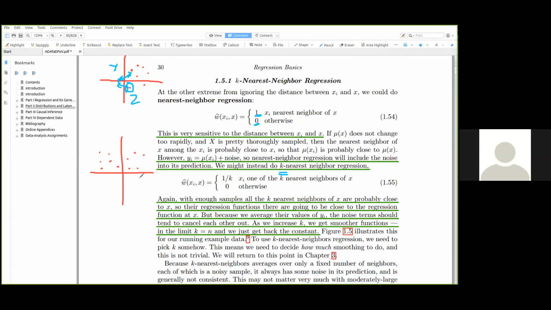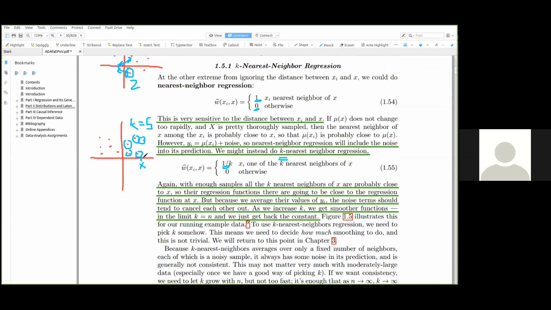If I want to calculate at this x, where I want to calculate my mu hat of x, I'll take the k nearest points. Suppose k is equal to 5: 1, 2, 3, 4, and 5. I'll take these 5 points and assign a weight of 1 by k to each of them. I'll sum up the yi's for each of them, which will give me a good estimate for the value of y at this particular value of x.